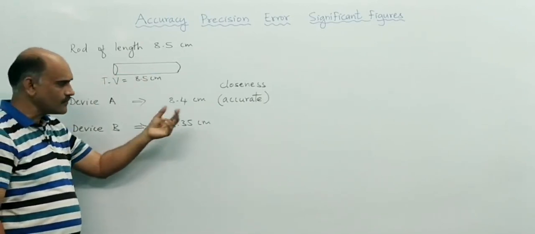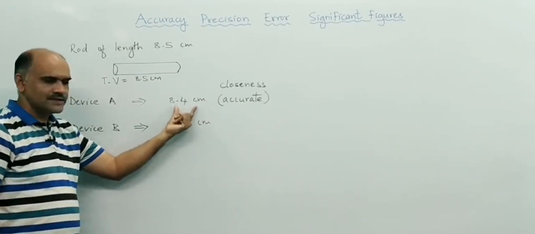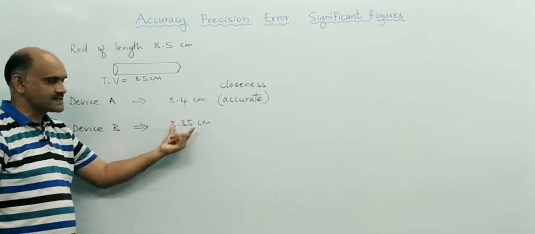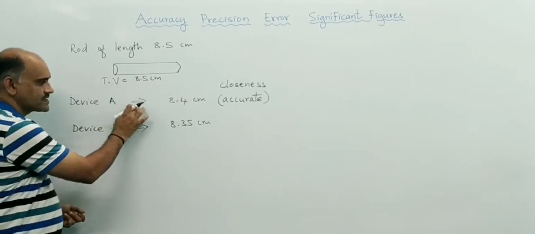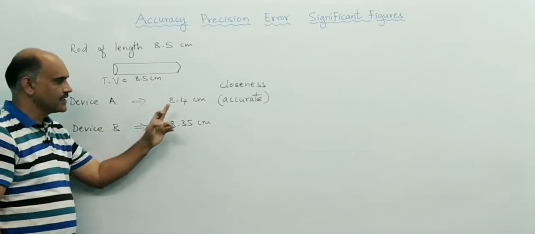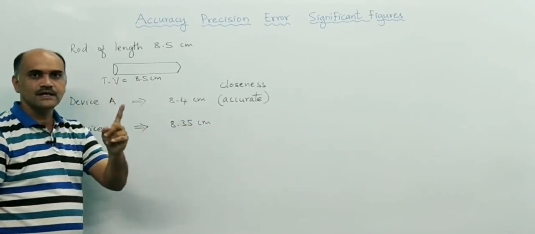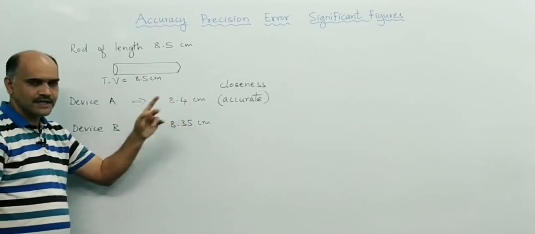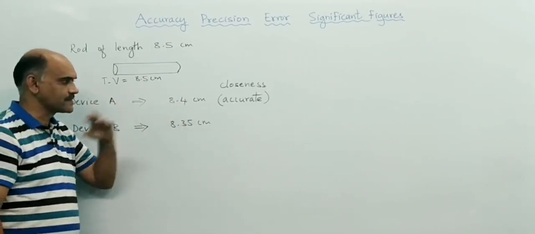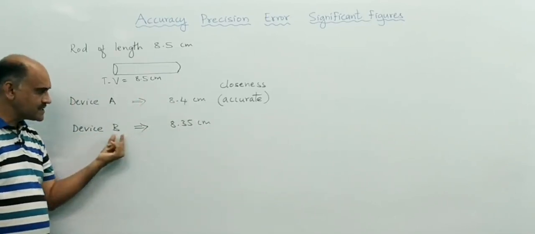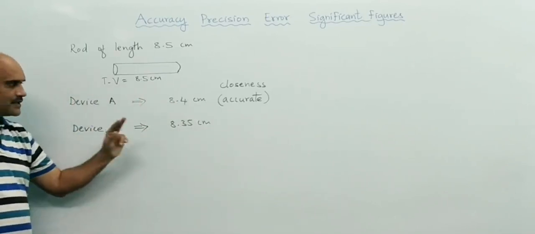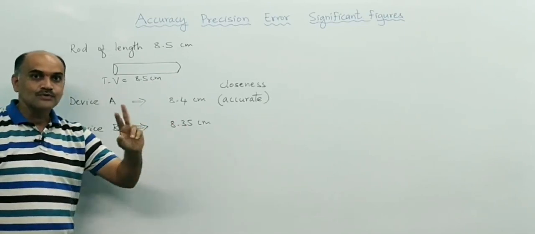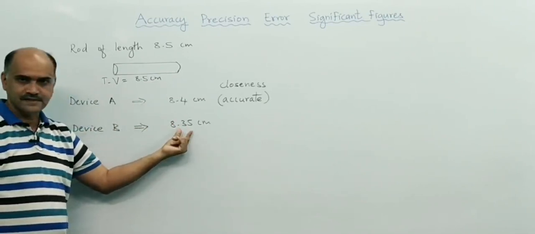Now if you observe these two scales, from the first scale, that is A, you are getting digits only up to 1 decimal place. Using scale B, you are getting up to 2 decimal places.